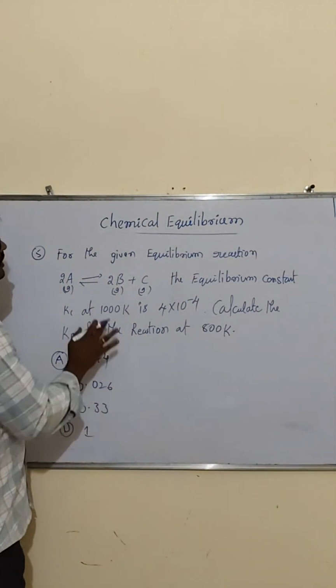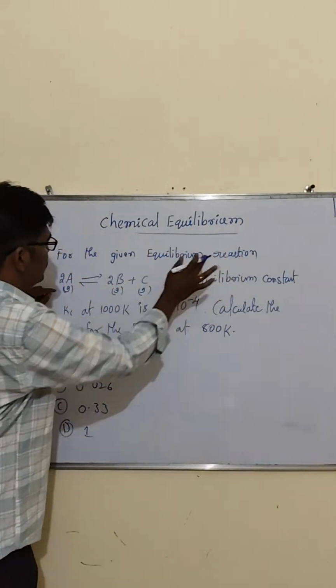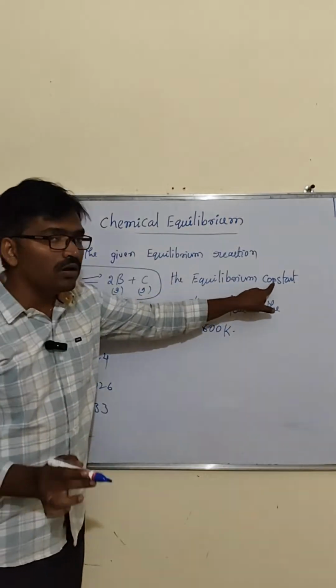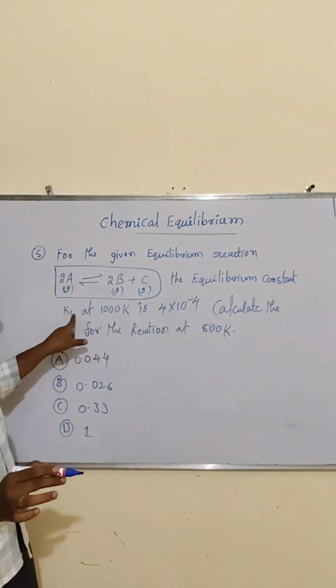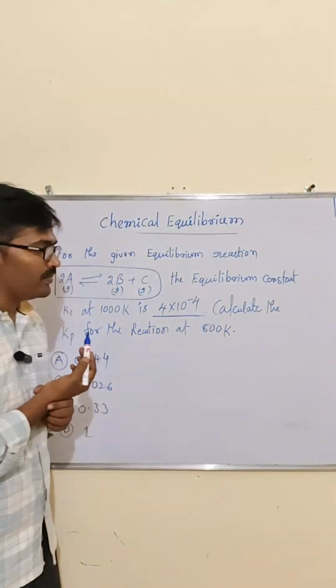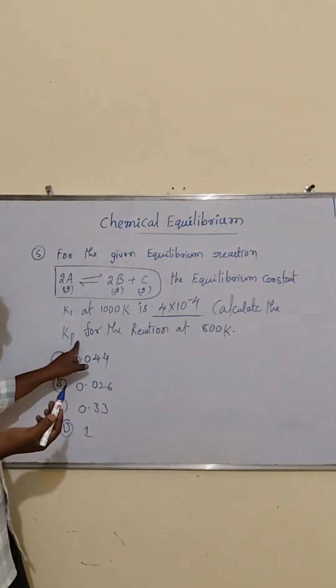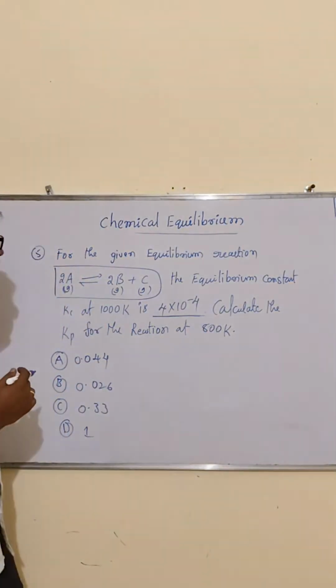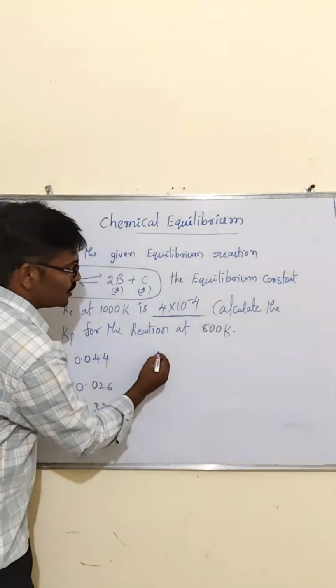So here, for the given equilibrium reaction, this is the reaction, right? The equilibrium constant Kc is mentioned at 1000 Kelvin, 4 into 10 to the power of minus 4. Then calculate the Kp for the reaction at 800 Kelvin. Kc is given, find out Kp.